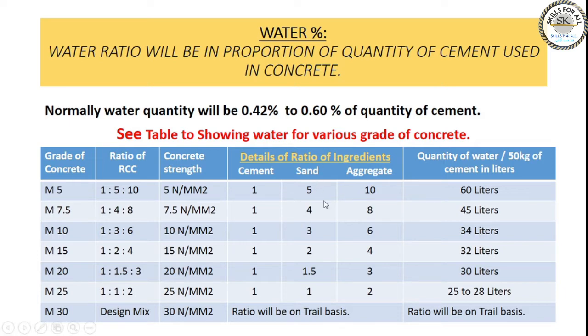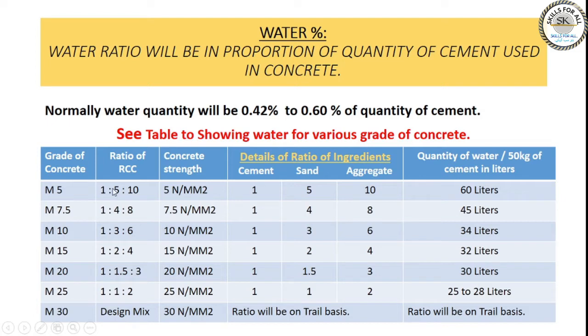Below this there is one table. It's showing you for M5 the ratio is 1:5:10. This is 5 Newton per millimeter square. These are 3 additional columns that I added to explain for the new people who did not see the 1:5:10, what is the ratio.